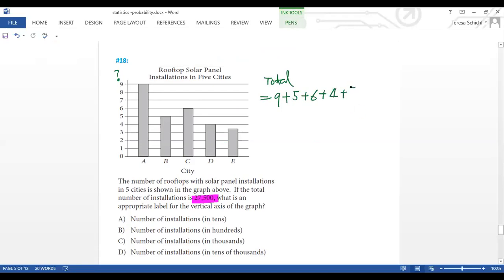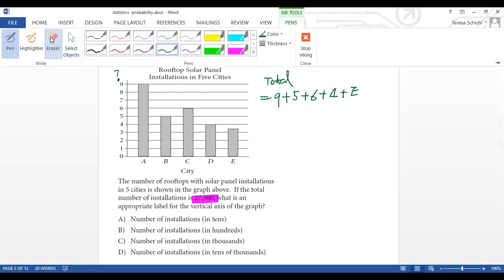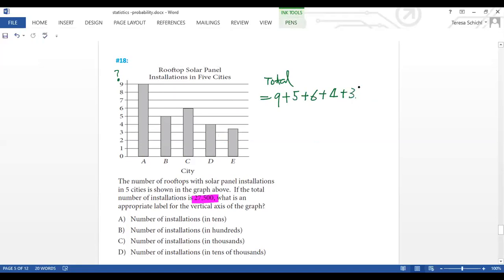And E is between 3 and 4, so let's say it's 3.5. So E is 3.5. So I have 27.5. Okay, so the total I add up to here is 27.5, but they tell me the total is 27,500.